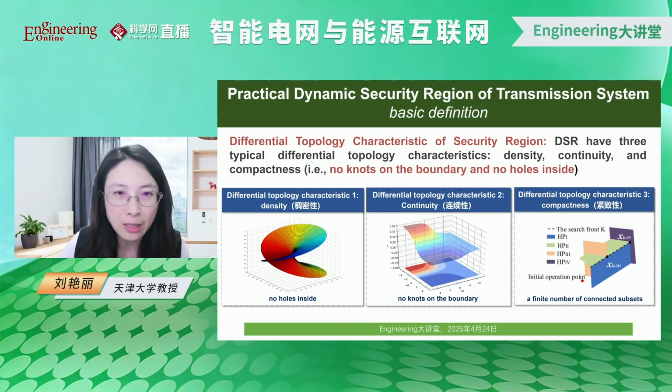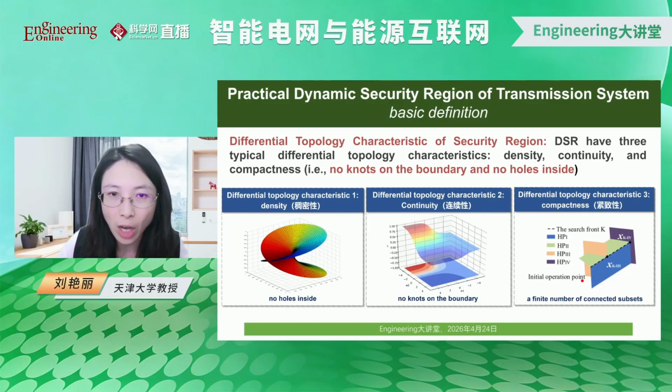The first, there are no holes inside. We call it differential topology characteristic 1. That means we can see that there are no holes inside the security region. The second differential topology characteristic is about the boundary, it is continuity.